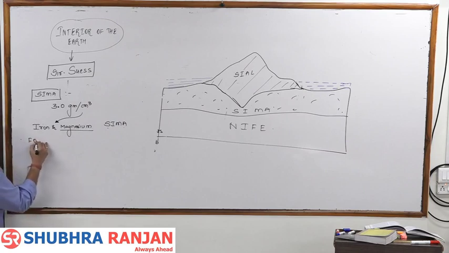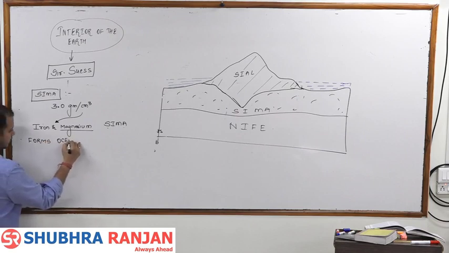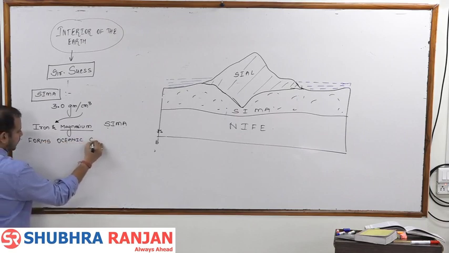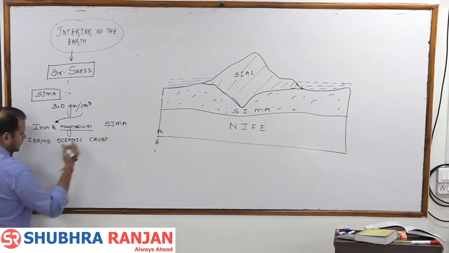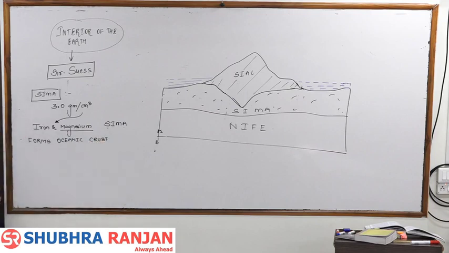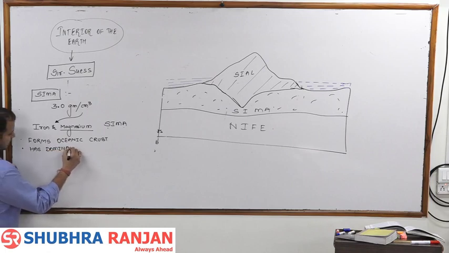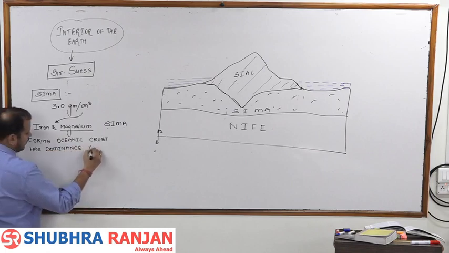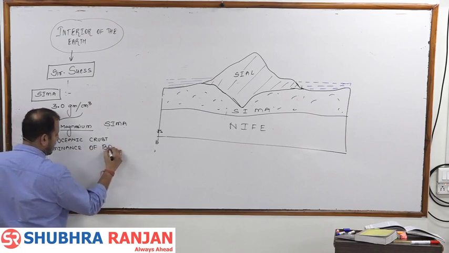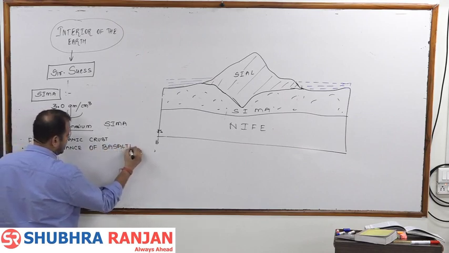It forms oceanic crust, and obviously mantle also forms oceanic crust, and has dominance of basaltic rocks.